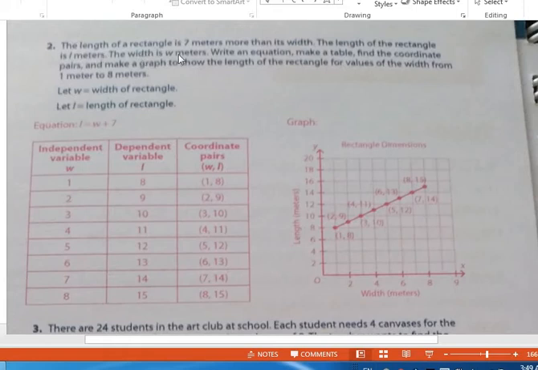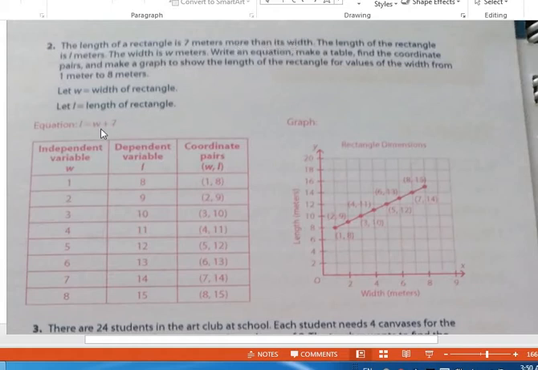The length of a rectangle is 7 meters more than its width. What's the equation here? Let the length be L, equal to 7 more than its width.